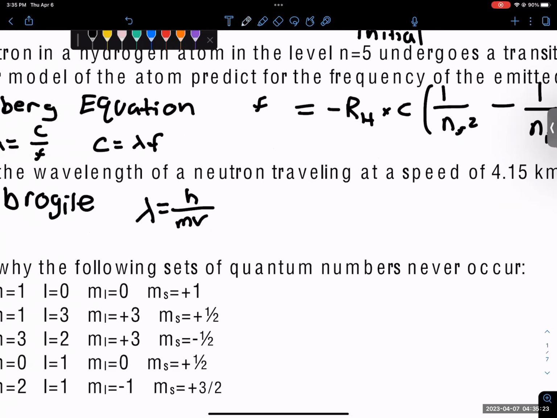This problem should have had the mass of a neutron, and I did not realize that it was not given to you until Rich pointed that out. So I apologize for that. Rich, do you want to go ahead and say the mass of a neutron before we start? It'd be 1.65 times 10 to the negative 27 kilograms, or something along the lines of that.